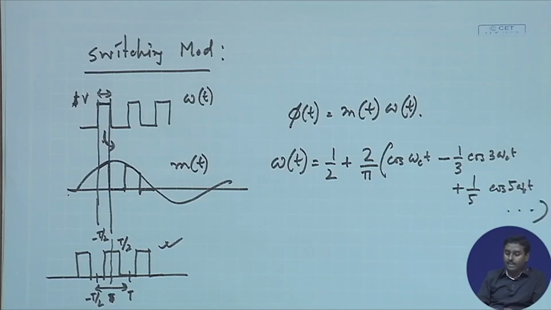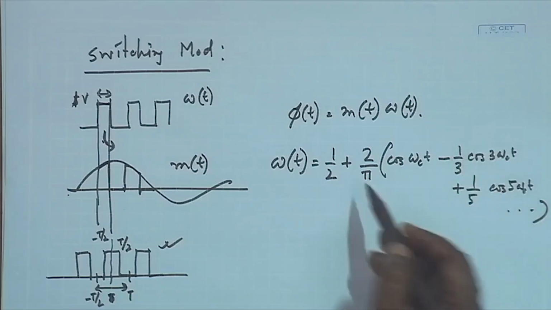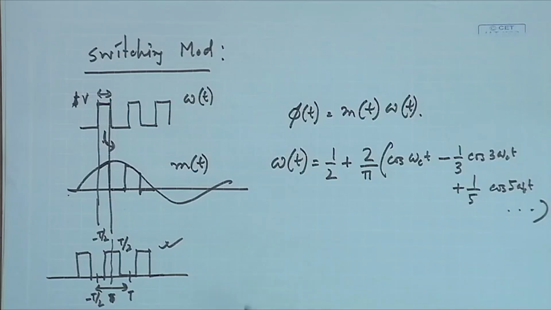So it has all the odd harmonics, with coefficients alternating plus and minus, and the corresponding coefficient becomes 2 by pi into 1 by the harmonic number. So this is what w(t) is.